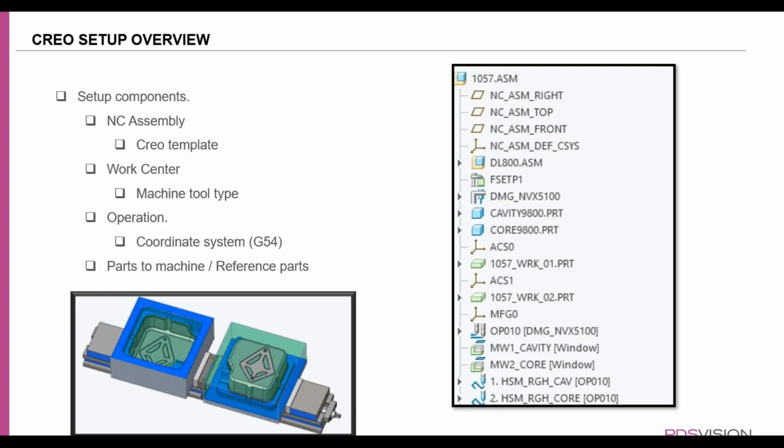So you can have specified datum planes in there, specific parameters, and layers set up in there. Everything that you use in a normal Creo assembly template, you can have in your NC template as well. For example, you can have a template for one type of machine.